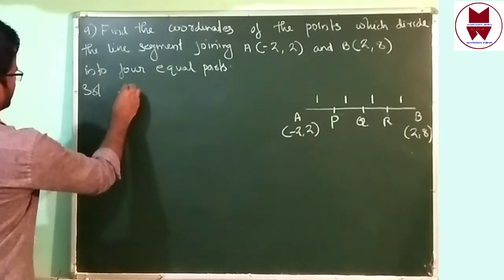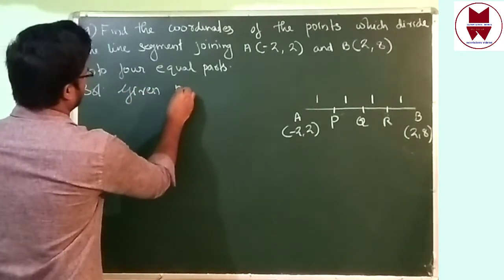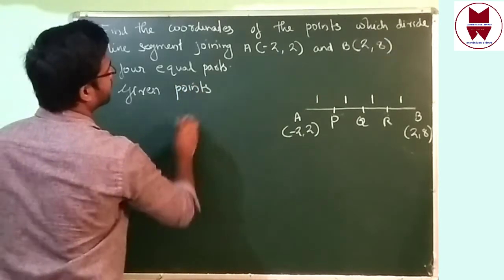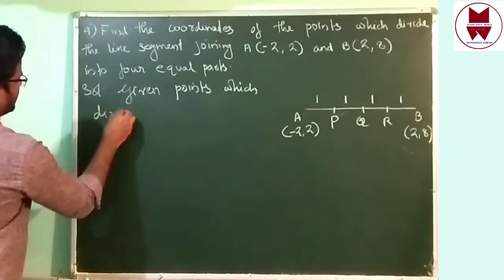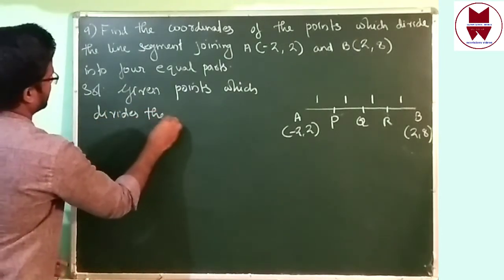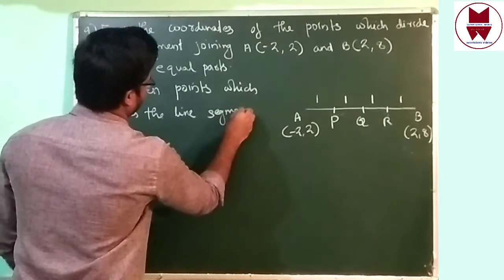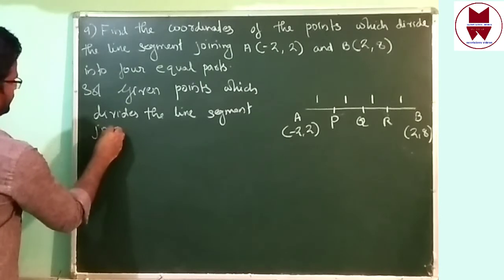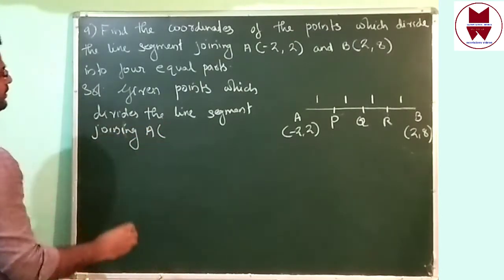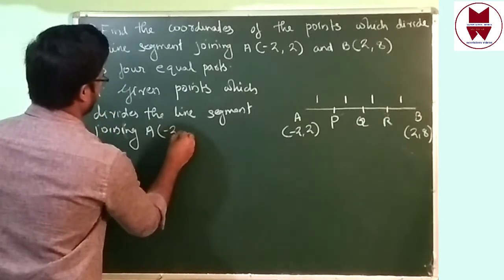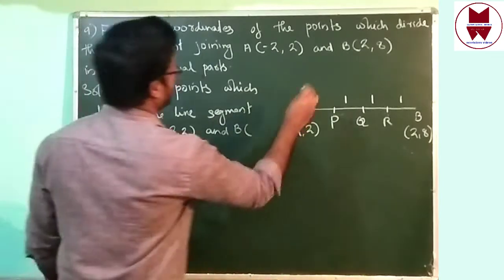First we can write the given points which divide the line segment joining. First point A is minus 2, 2 and B is 2, 8.